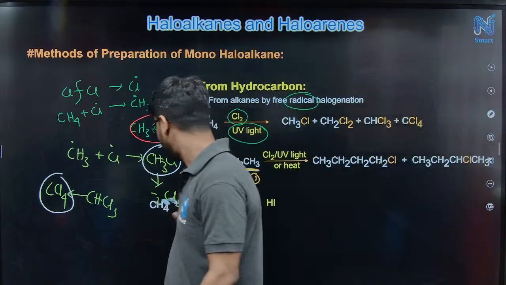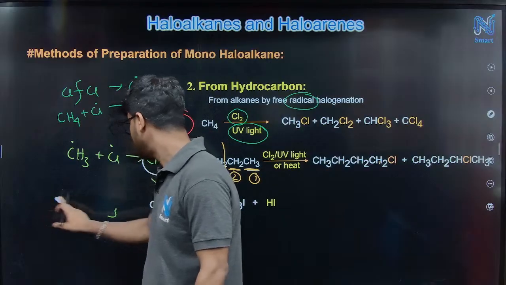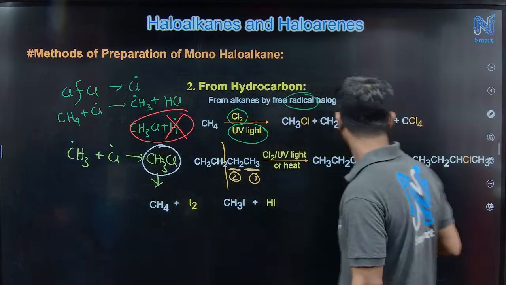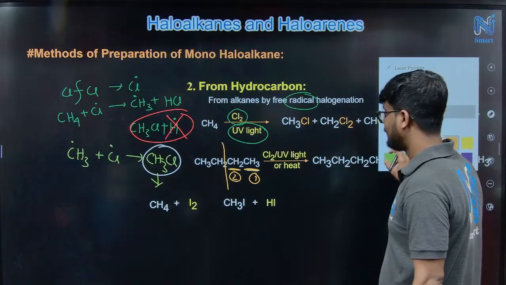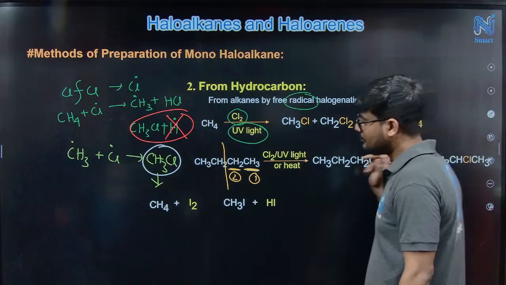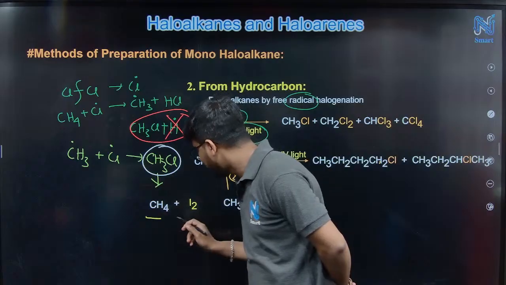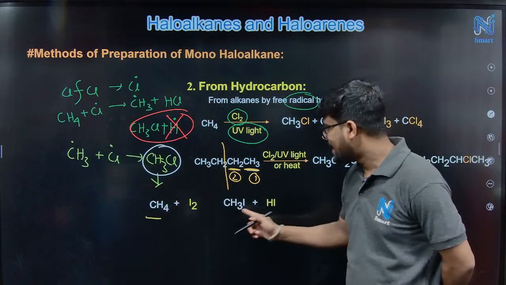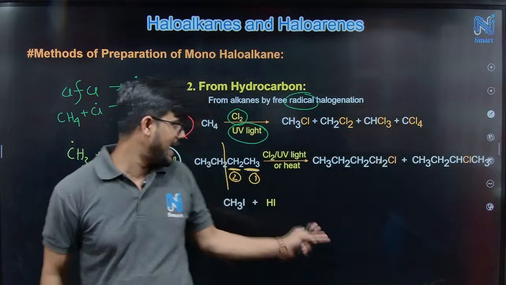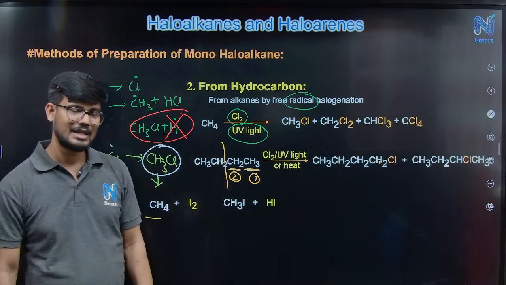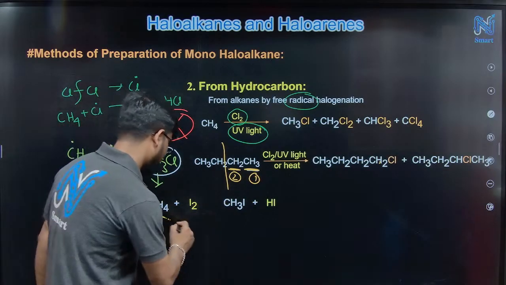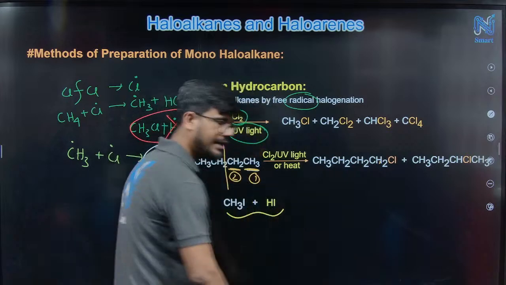Always write it, you have to make your own class notes. Okay, just check. If methane is reacting with iodine, we can expect CH3I and HI to be the product, right? This will be our reactant and this will be our product, correct?